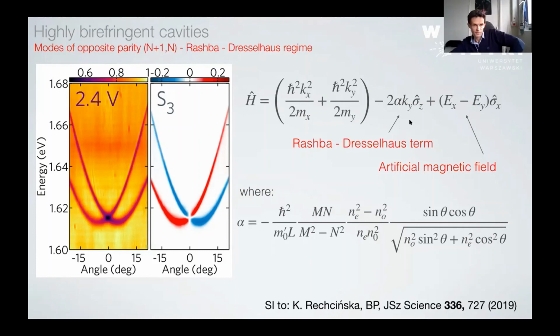Hello. My question concerns the Rashba-Dresselhaus Hamiltonian, and I would like to ask if in your system you can tune separately the Rashba and the Dresselhaus coupling, or whether you can only produce in the experiment the configuration where the Rashba and the Dresselhaus couplings are the same, and therefore you are already at the persistent spin helix point.